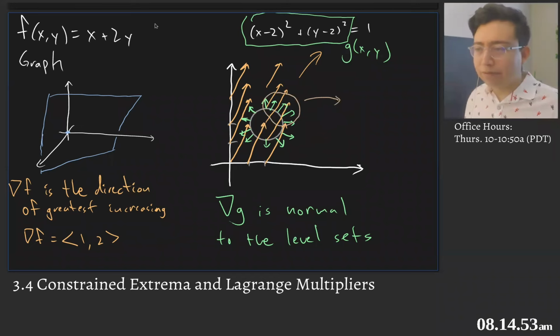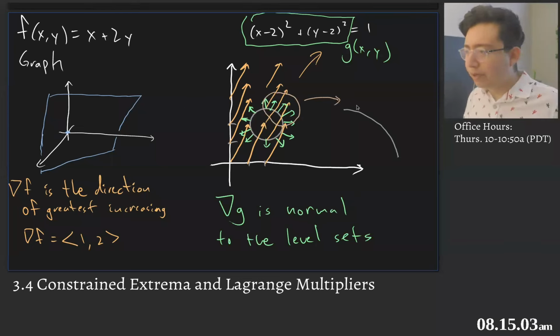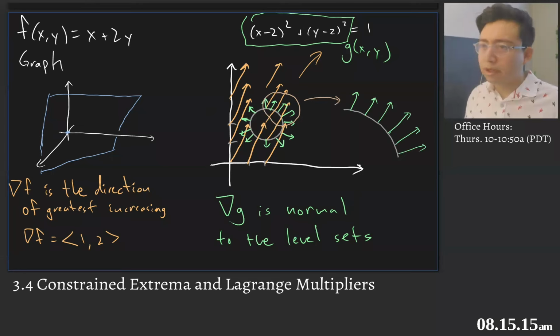So we'd have the gray part of the circle, and then we'd have these green arrows going right normal to this. Okay.